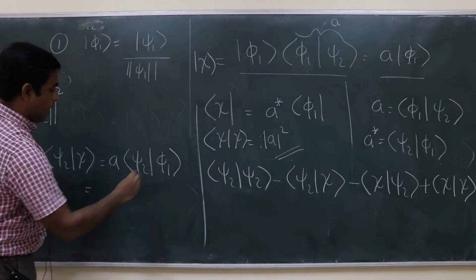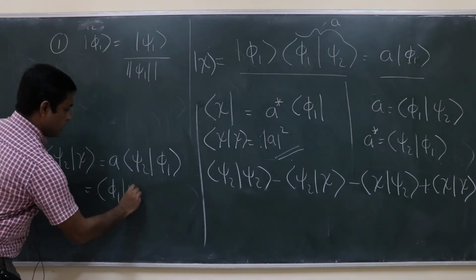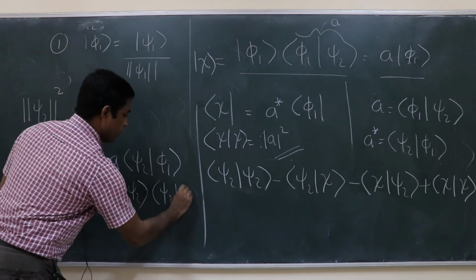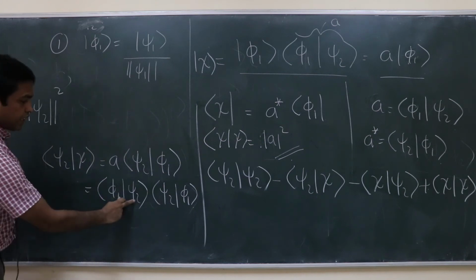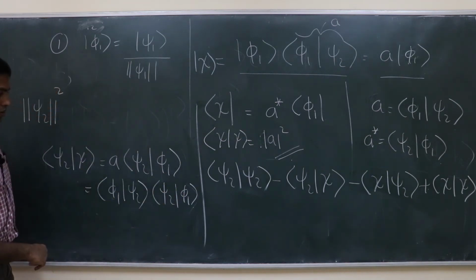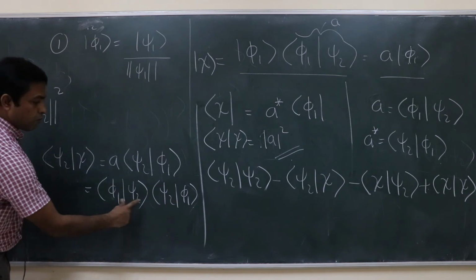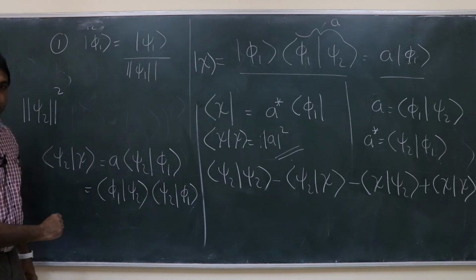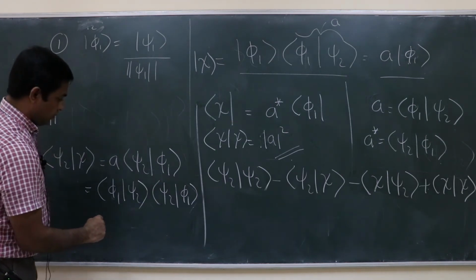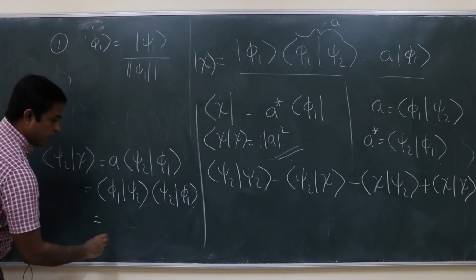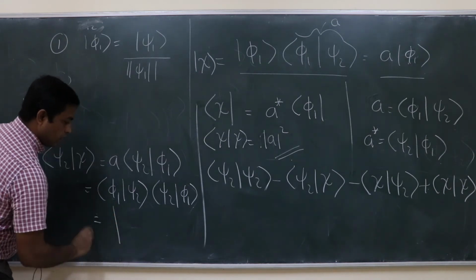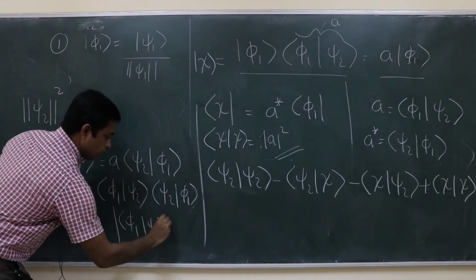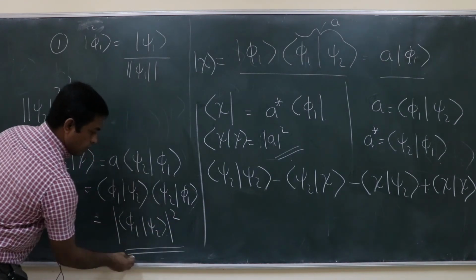So A is bra phi 1 psi 2 and this is bra psi 2 phi 1. So bra phi 1 psi 2, bra psi 2 phi 1. Okay. Is this complex conjugate to this? Yes or no? Yes. So this one I can write as modulus of phi 1 psi 2 square. Right?